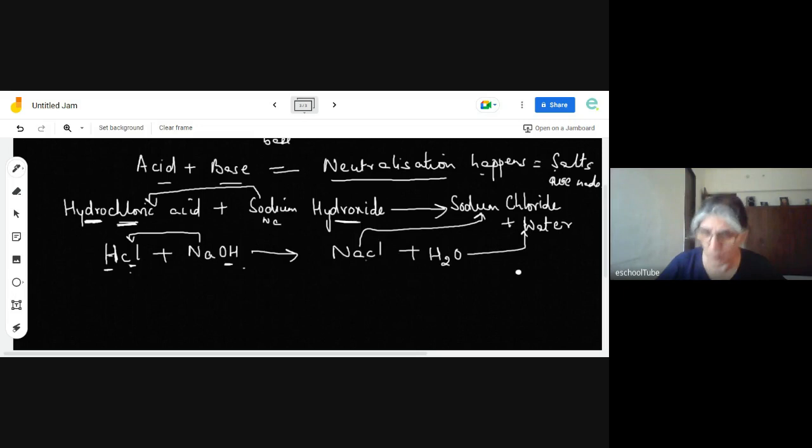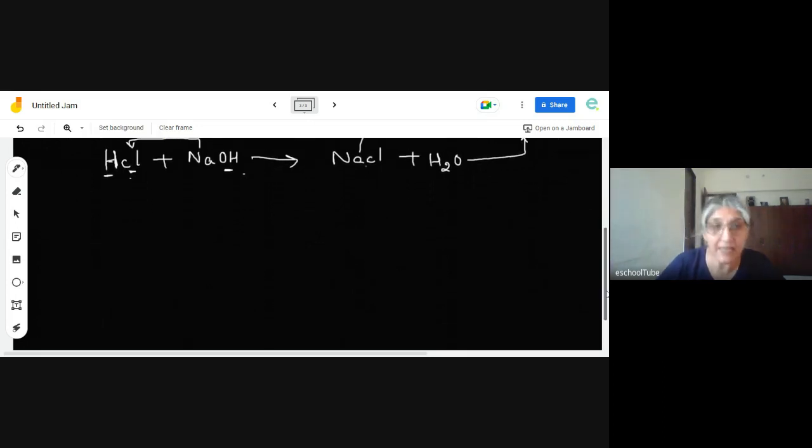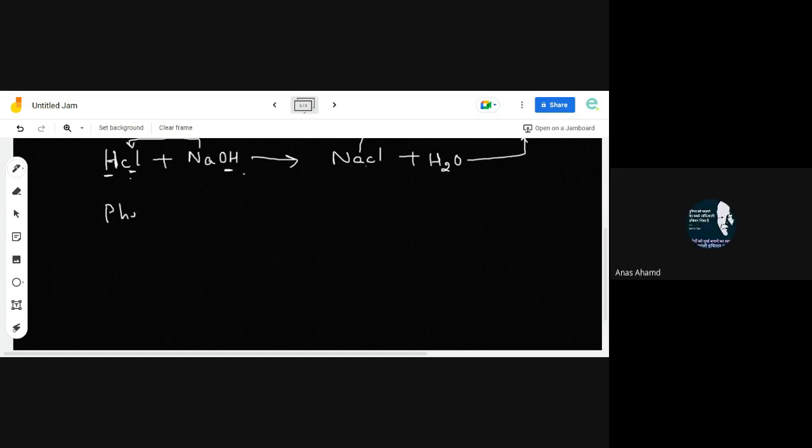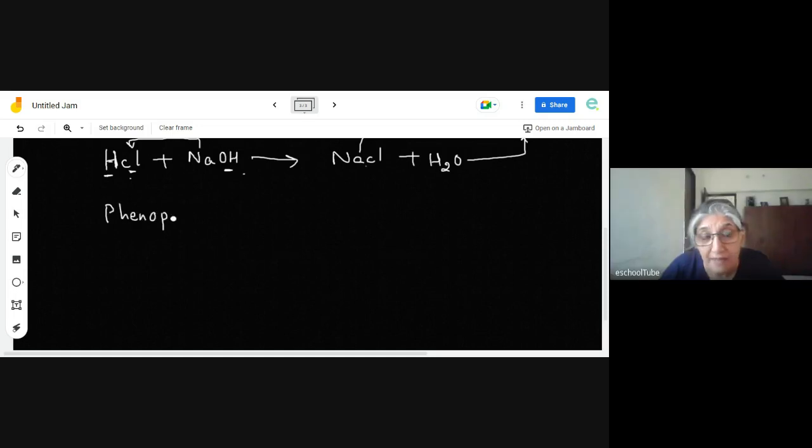Okay. Now we learned something else also today. What did we learn? There is another material called phenolphthalein. क्या material है? Phenolphthalein. What is it? It is a chemical.